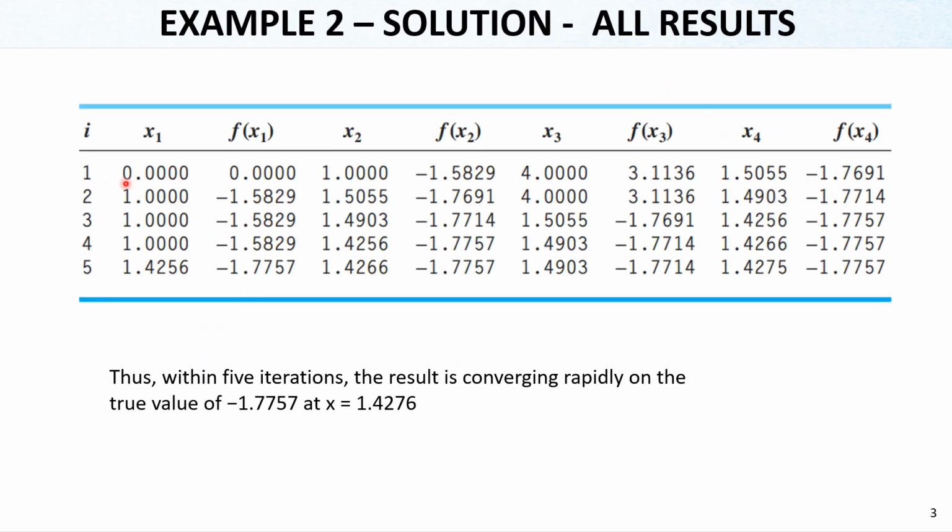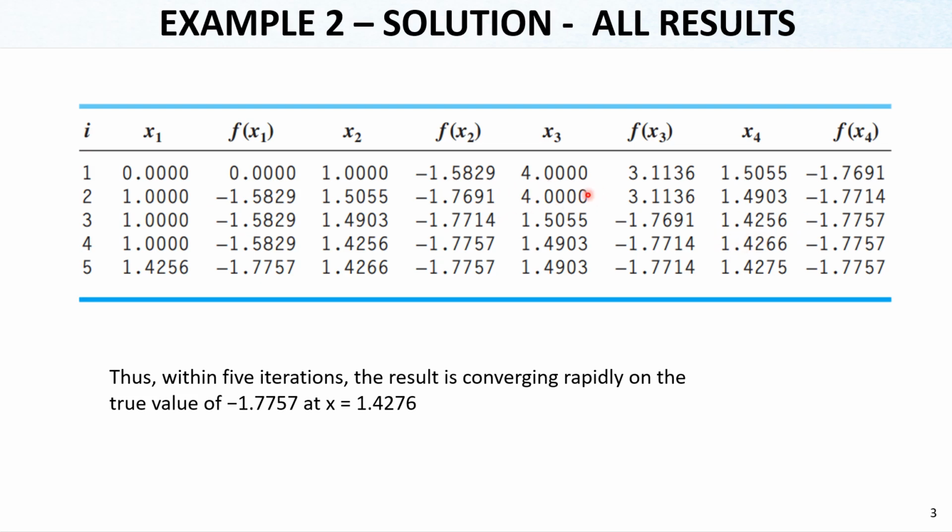In this slide we have all the results for example 2 for the parabolic interpolation method. For this example, you can see that we started with x1, x2, and x3 and obtained this. Then, because it's on the right side, we used x2, x3, and x4 in the next iteration. And here then we calculated the values. x1 changed here, x1 stayed constant, and x4 changed, you can see.